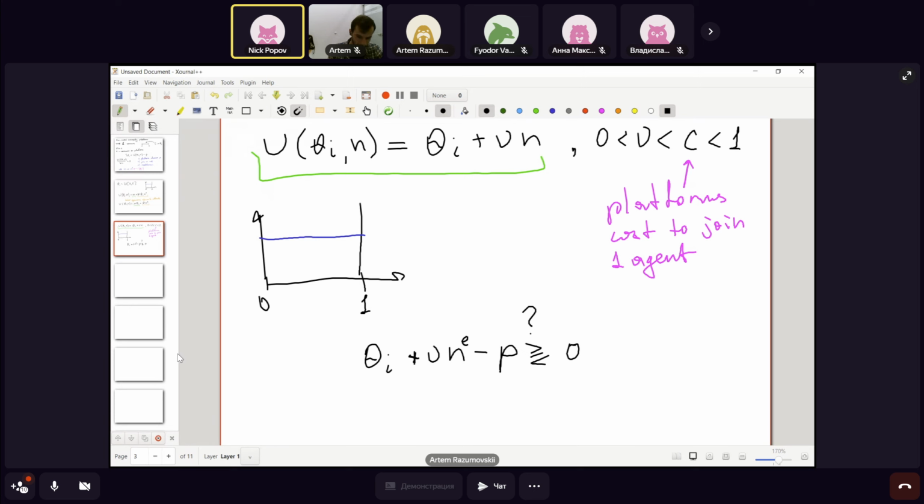No agent has incentives to deviate alone. Exactly. You can formulate it like a no-regret rule, meaning that nobody has regrets about their choice of strategy.